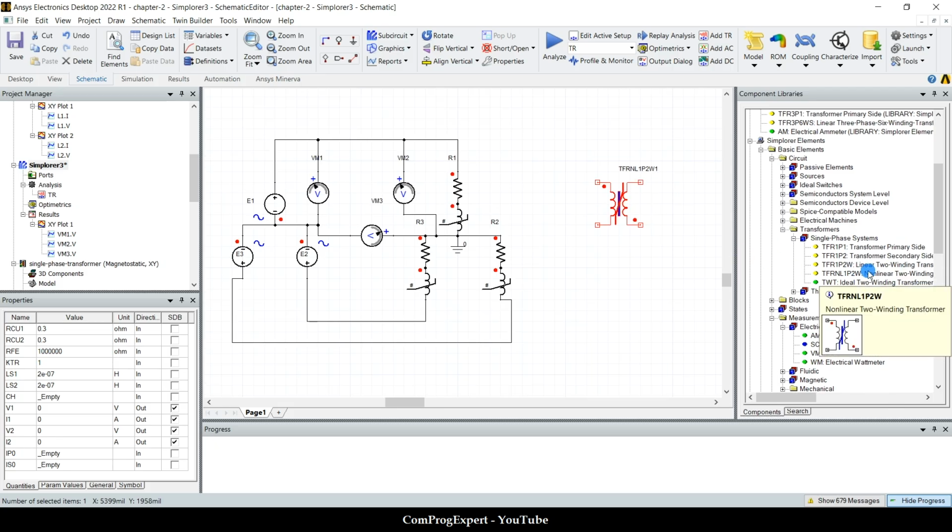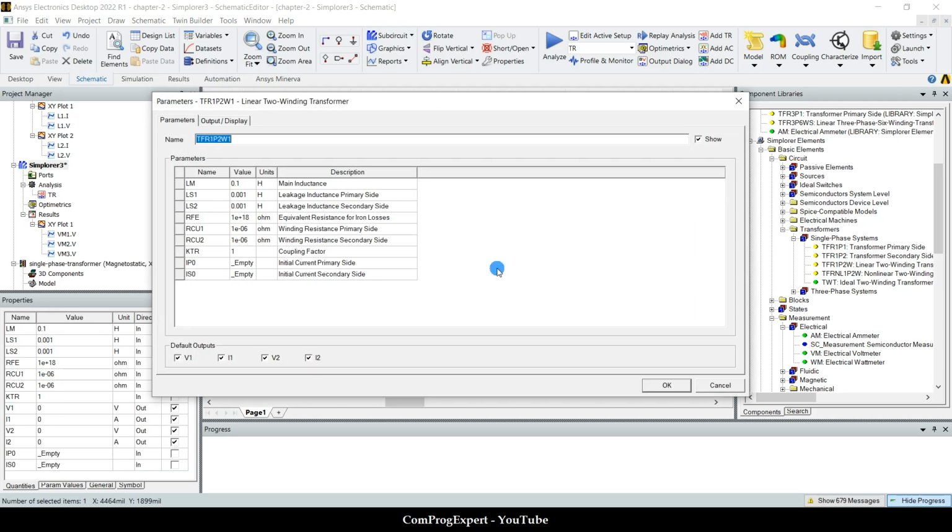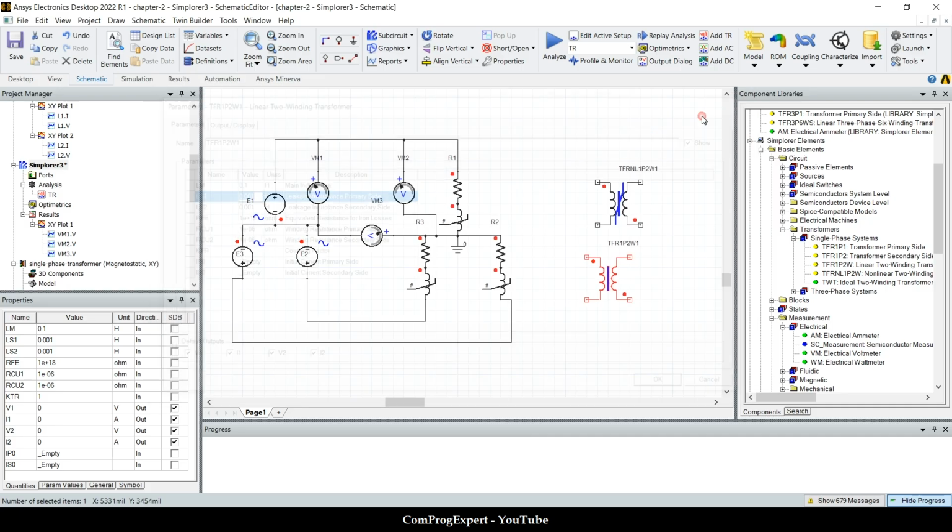Okay, this is a single phase transformer with a linear magnetic material. The parameters: main inductance, leakage inductance, the winding resistance on the primary side, the parameters of the equivalent circuit.